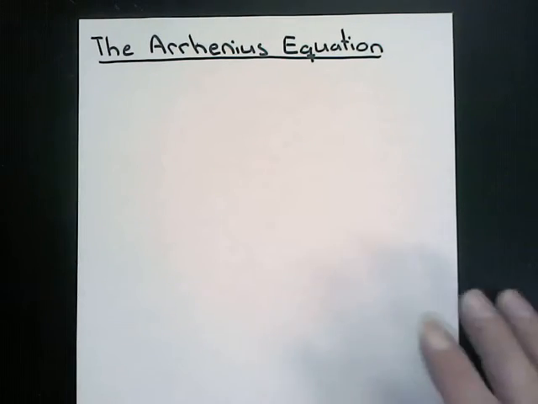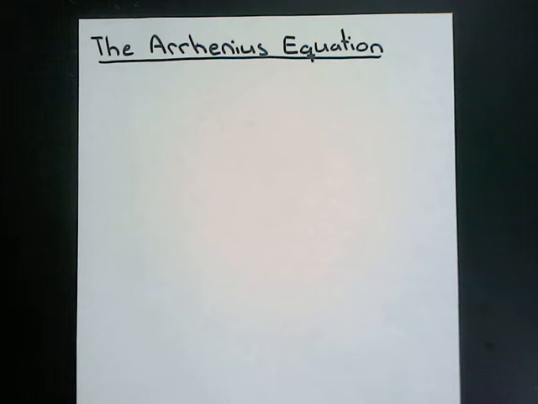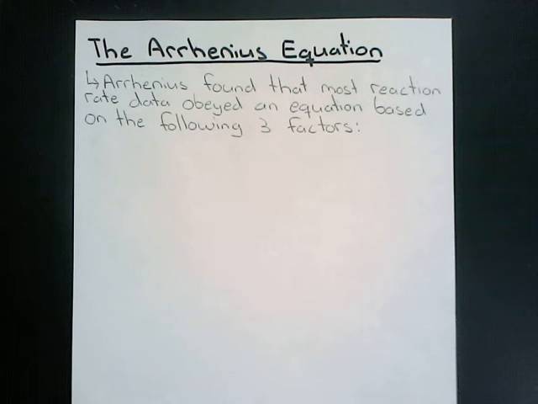So a couple things about the Arrhenius equation. Number one, the scientist by the name of Arrhenius discovered that most reaction rate data is obeyed in an equation based on the following three factors. The first factor is that the value depends on the number of collisions per unit time.